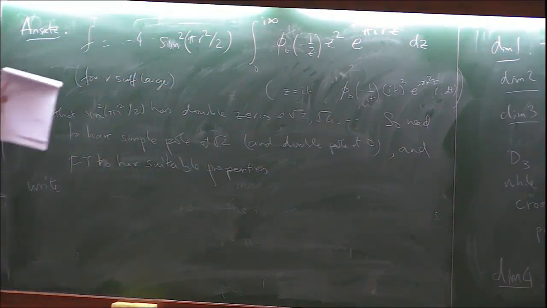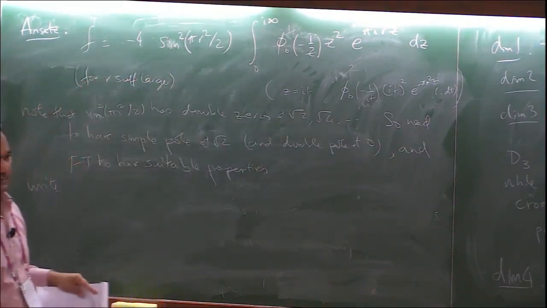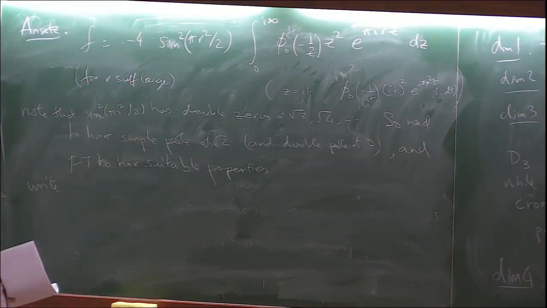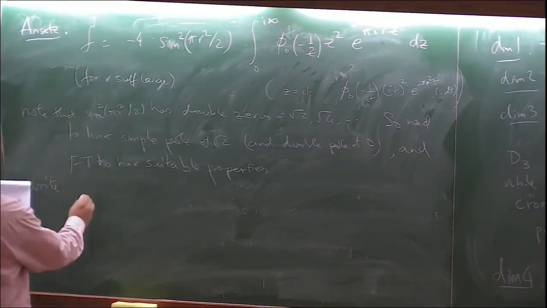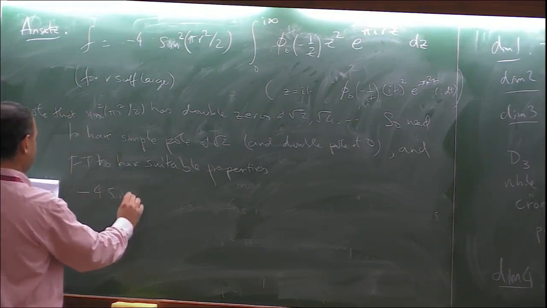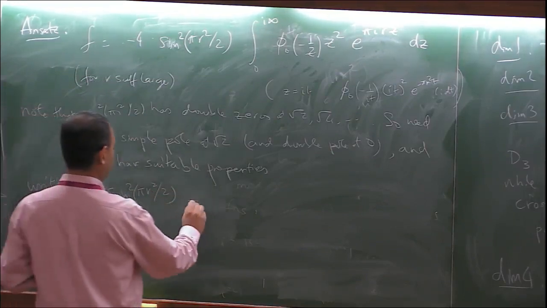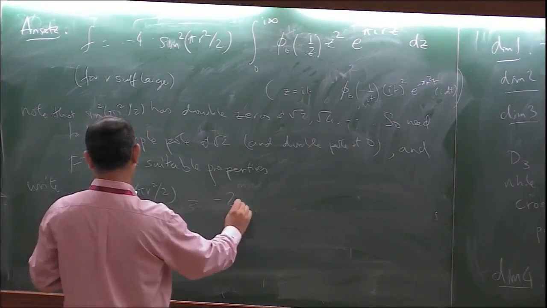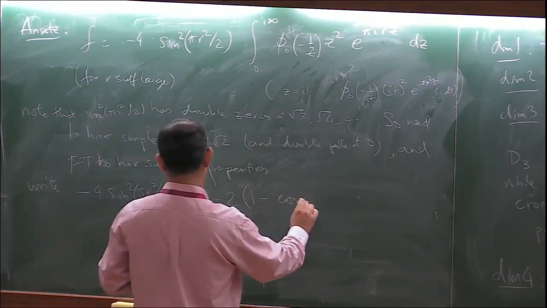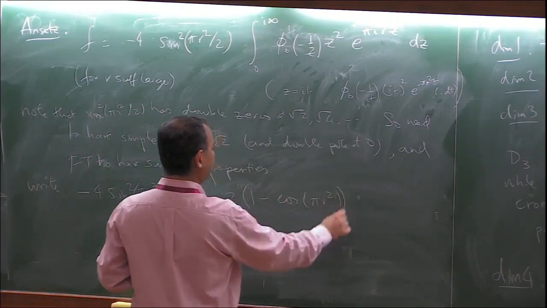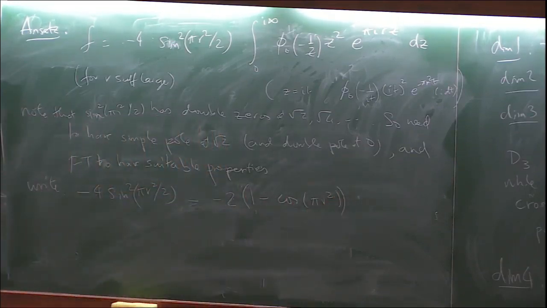So what we're going to do is transform this a little bit and make it a sum of contour integrals. So you write minus 4 sine squared of pi r squared over 2 as the following. This is trigonometry: minus twice 1 minus cosine of pi r squared. Remember that cosine of 2 theta is 1 minus 2 sine squared theta.